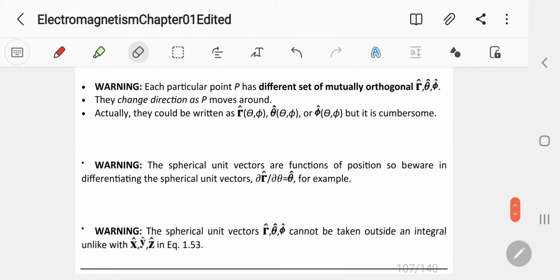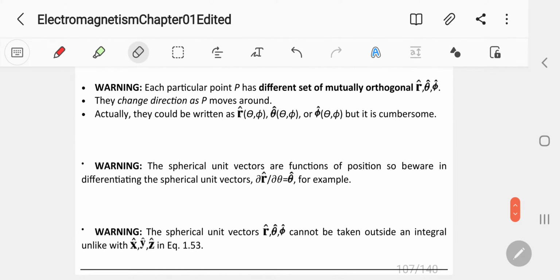So there are some warnings for this coordinate system. Again, as I've said, each particular point in space has a different set of mutually orthogonal r hat, theta hat, and phi hat, and they change direction as P moves from one point to another.